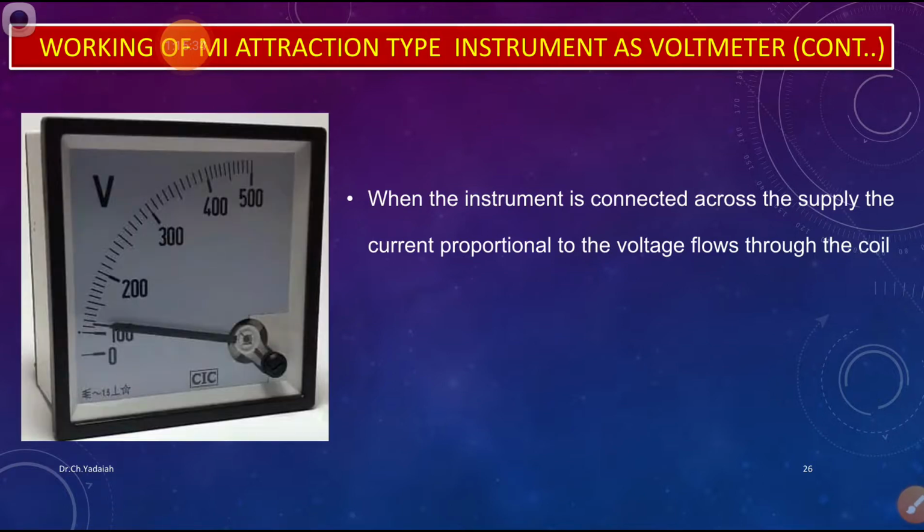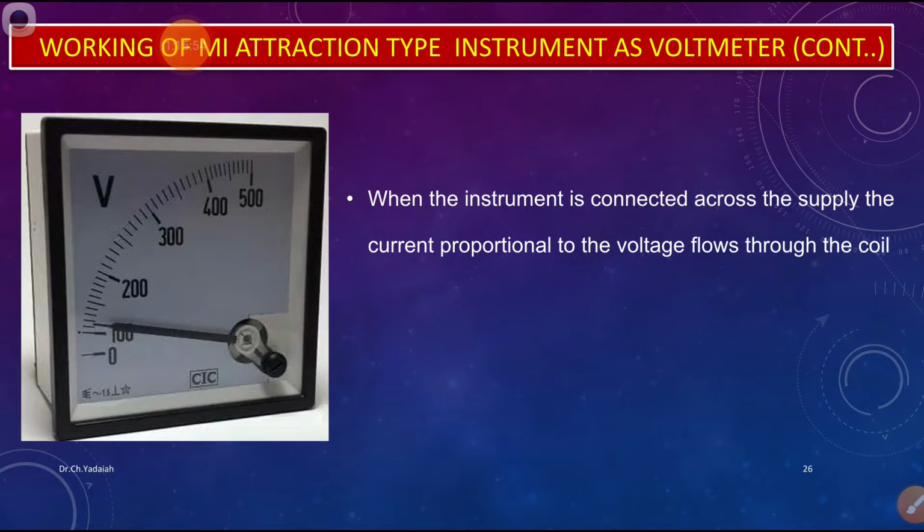Now, when the instrument is connected across the supply, the current proportional to the voltage flows through the coil. So this instrument can be used as a voltmeter, similar to the moving coil instruments. These moving iron instruments can be used as a voltmeter and ammeter.